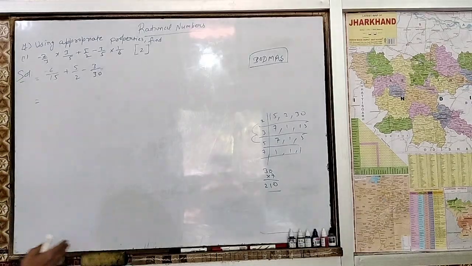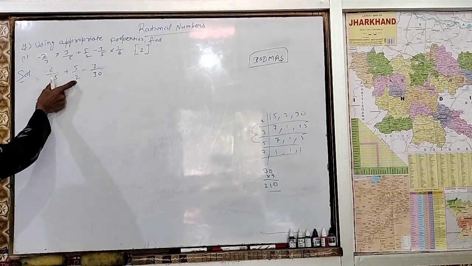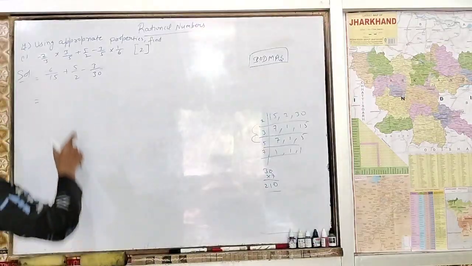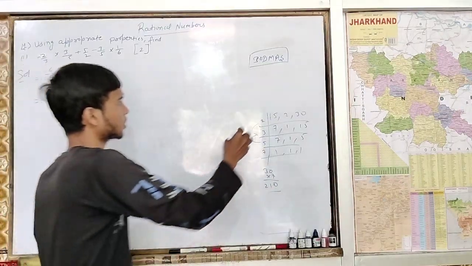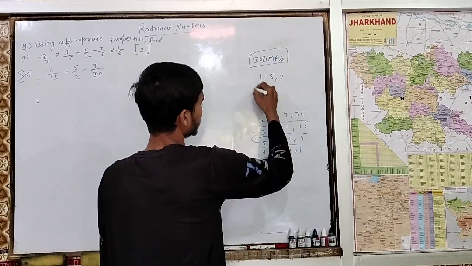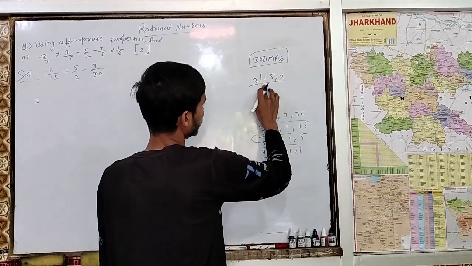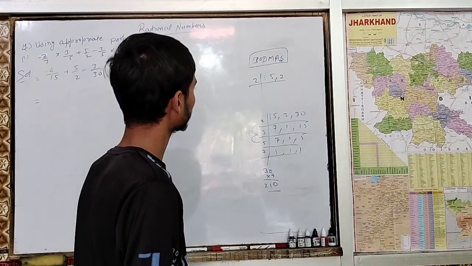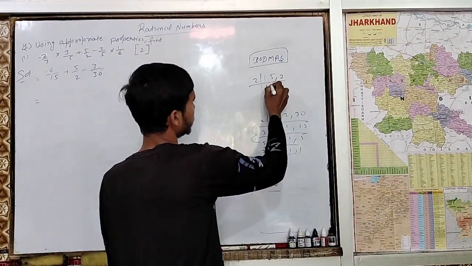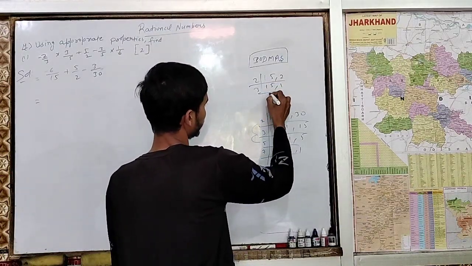First of all, let's simplify this to a fraction. Here we have 15 to the 15 to the... So here, what is happening? 15 has 1, 3 5s are 15.